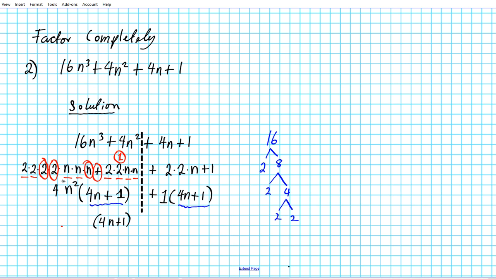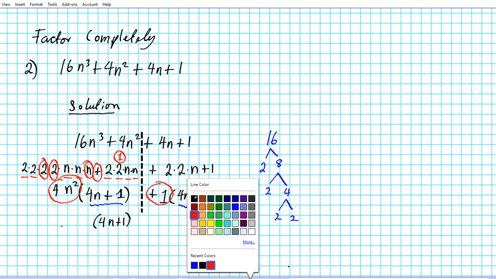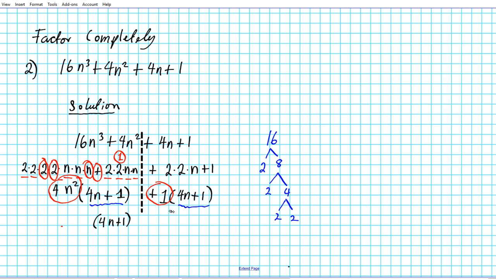What do you have left? You're going to be left with 4n squared plus 1. Those two terms will be combined together in their own parentheses. You have 4n squared plus 1.